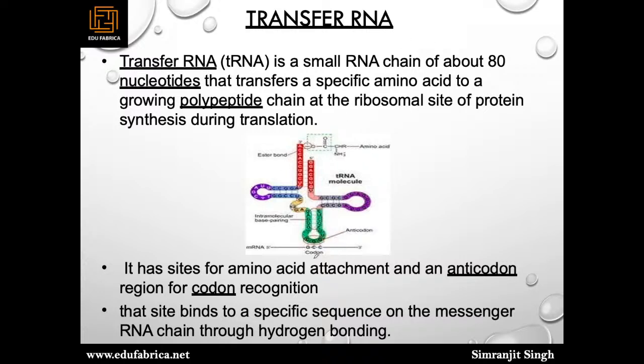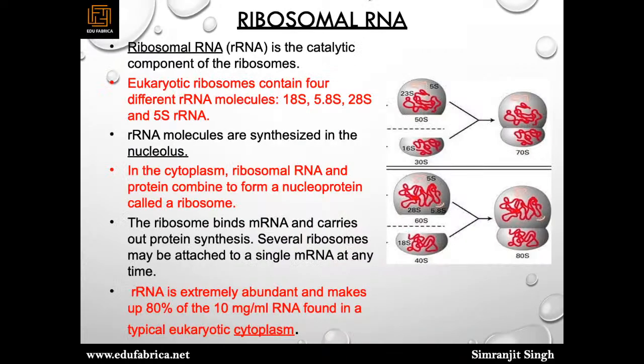So it has anticodons on top here, and this is the codon site of your mRNA, 5' to 3' end, right? So it has sites for the amino acid attachment, anticodons, and a region for codon recognition, all being taken care of. And there's a ribosomal RNA that is just 70S unit and 80S unit.